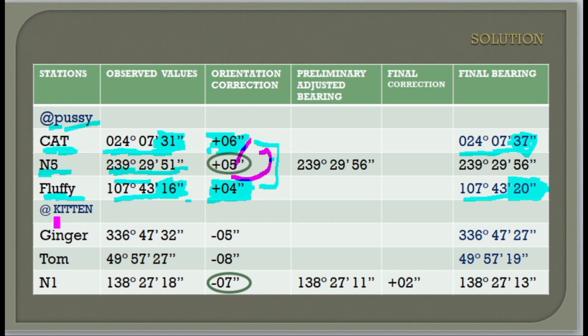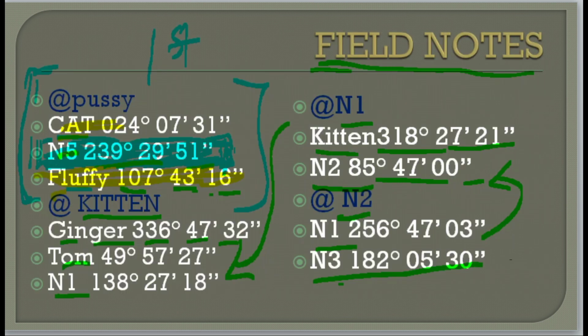After having done that, we move on to the kitten. On this next section, we do it like the normal bearing sheet that we were calculating. So from the kitten to ginger, from the kitten to Tom, and from the kitten to N1, we have the observed values provided to us in our question.